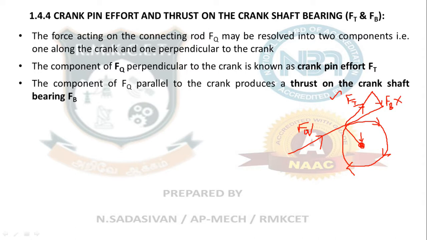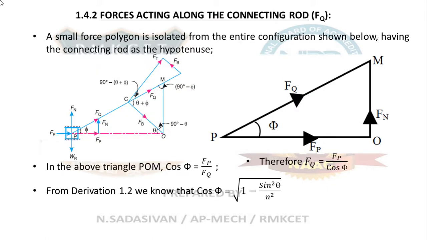So let's go back to the diagram. Now if I put a dotted circle for the path traced by your crank, this is your tangential component, the crank pin effort, and this is your radial component.